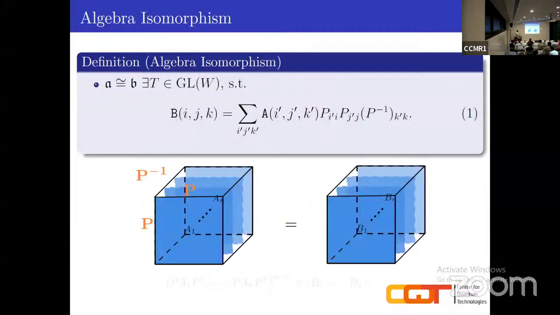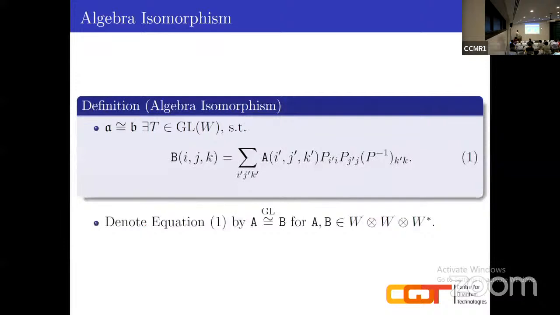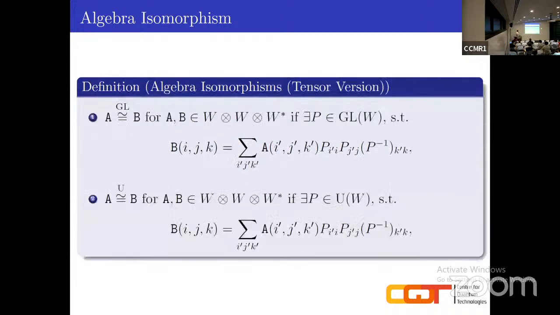Here is our tensor A, and you act P, P, and P inverse on the 3 directions of this tensor. It will send it to the tensor B. Here we denote equation 1 by this notation, so we call it that A and B are algebra isomorphic under the general linear group.